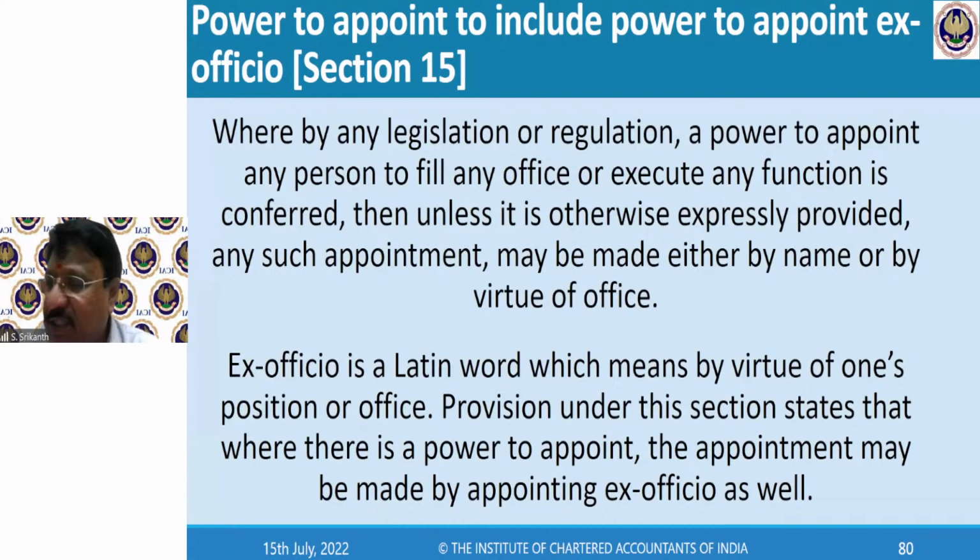Where by any legislation or regulation, a power to appoint any person to fill any office or execute any function is conferred, then unless it is otherwise expressly provided, any such appointment may be made either by name or by virtue of office. Simple, sir.